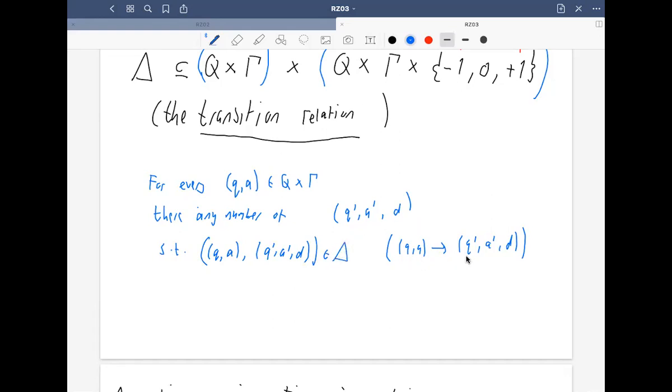And again, I use this notation that from the current state Q and current symbol A, we move to the new state Q prime and new symbol A prime with the head displacement D.